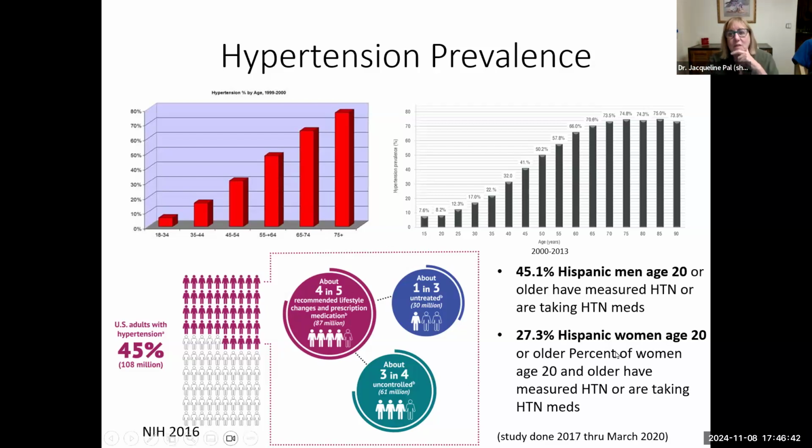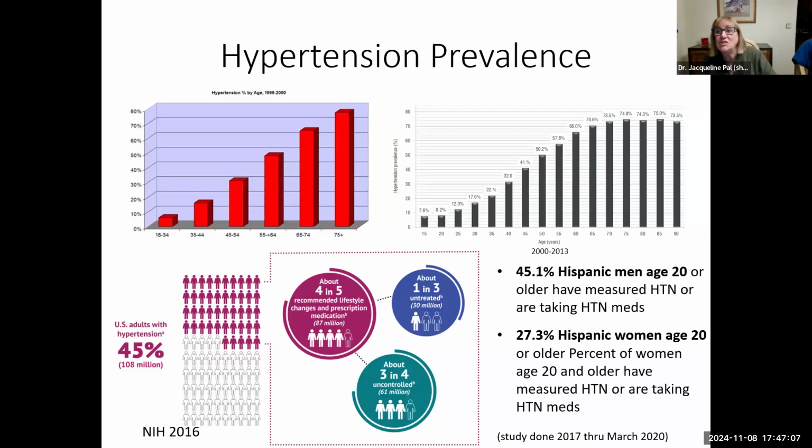If we look at Hispanics, and I do that because here in California we have a lot of Hispanics, 45% of Hispanic men 20 and older have been measured. Somebody has taken their blood pressure and they have hypertension, or if they have normal blood pressure, they have been taking hypertension meds.